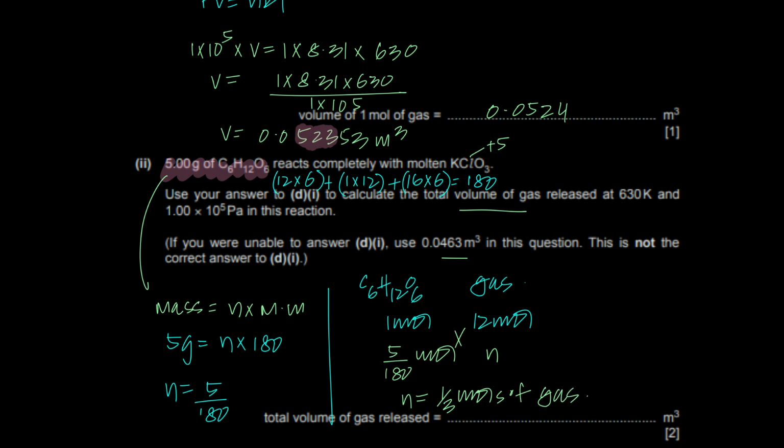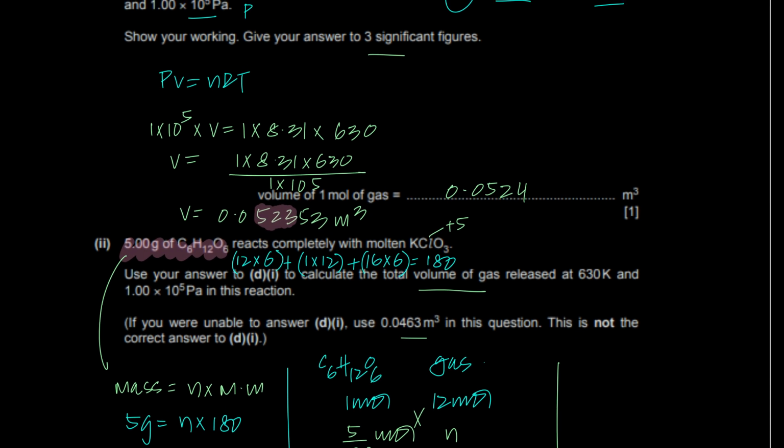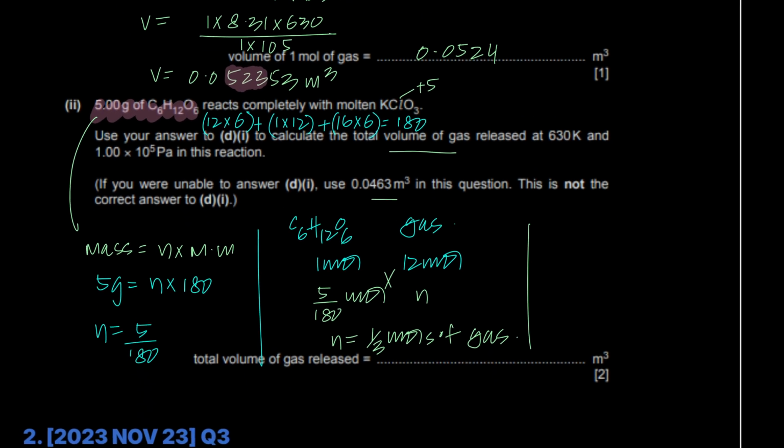And obviously, your idea is that for 1 mole of gas you had this much volume. See, he's even asking you to use part 1. For 1 mole of gas, if you had this much volume, for these many moles of gas, how much volume would you have? X. You could cross multiply, or you could simply say, for 1 mole of gas you have 0.0524 meter cube volume.